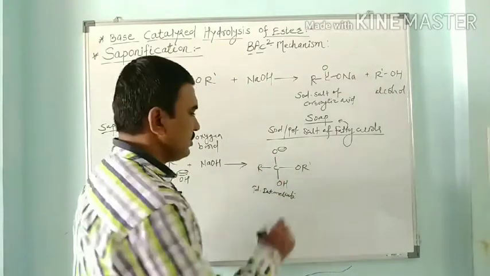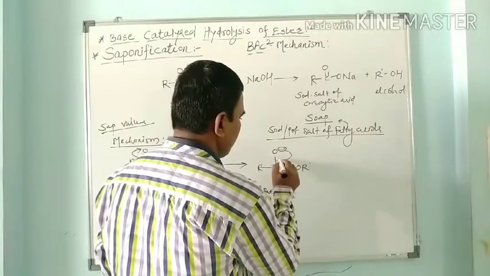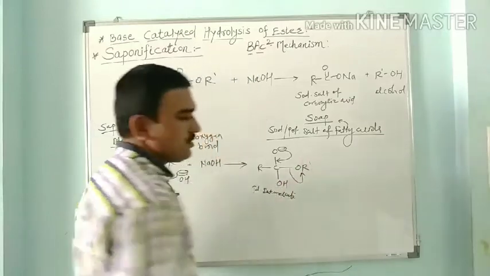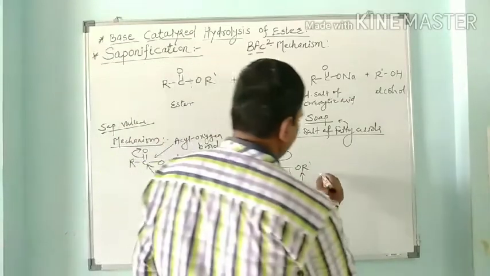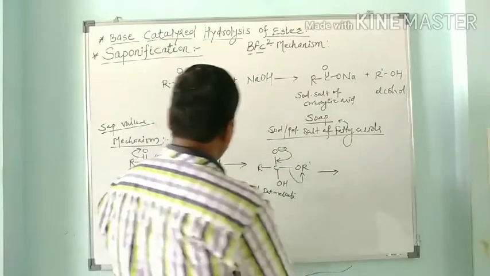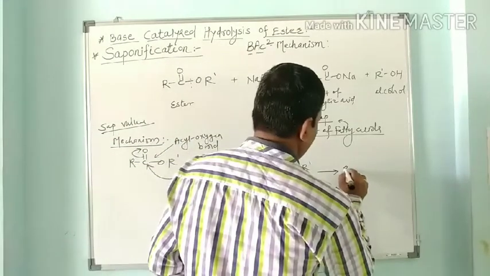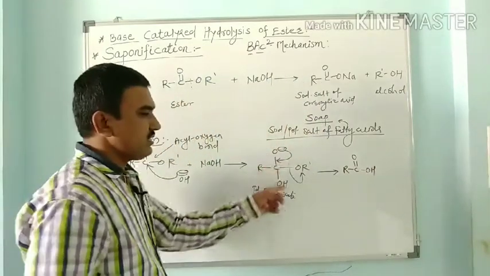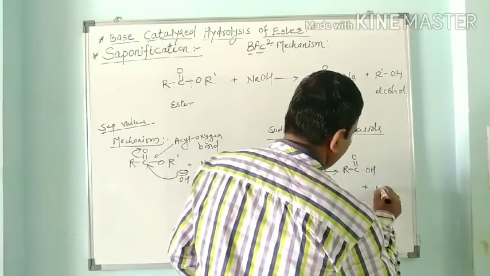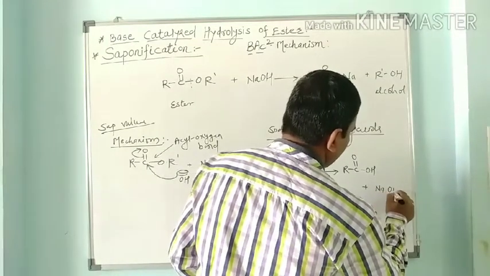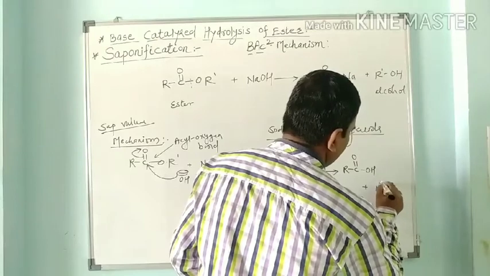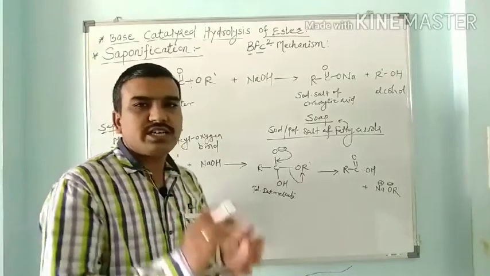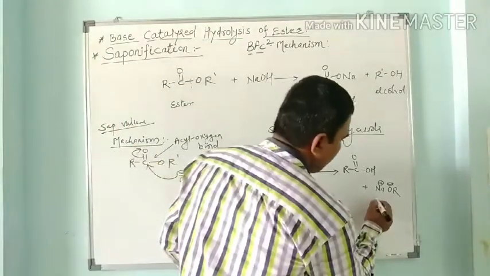Electrons shift to this carbon, and this alkoxide is lost, and we get R, C double bond O, OH carboxylic acid plus the sodium salt of alkoxide. So we get sodium alkoxide. Now this sodium alkoxide is highly basic in nature.